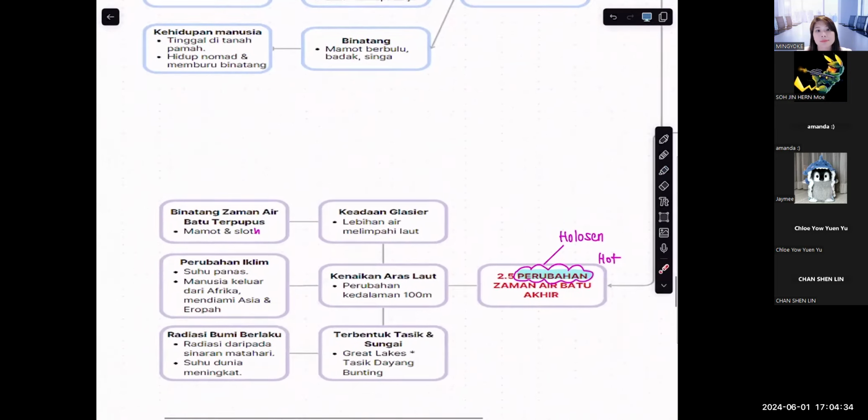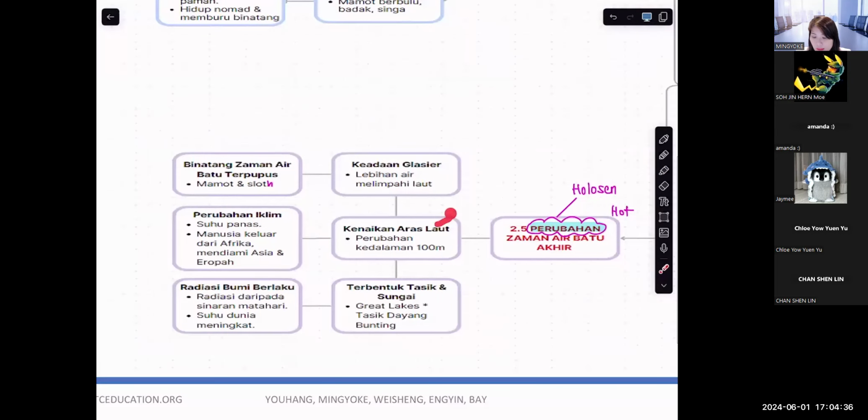It's hot. Seawater level rises. Lakes and rivers will form. All animals go extinct. Temperature becomes hot. Humans migrate. Radiation from the sun can be felt.